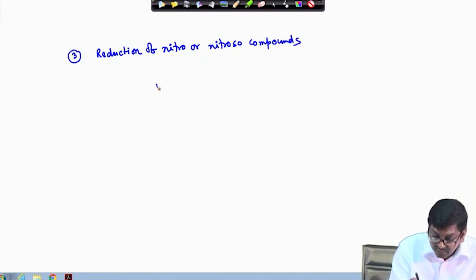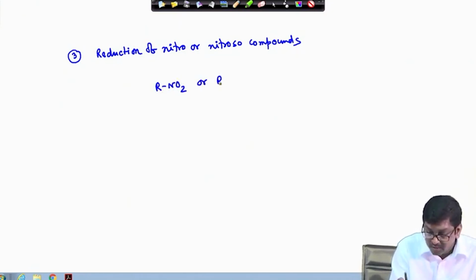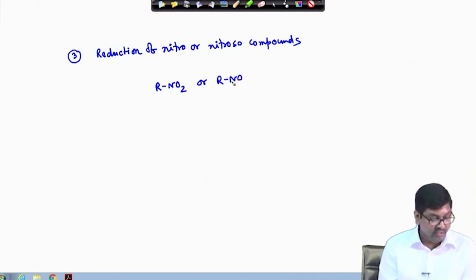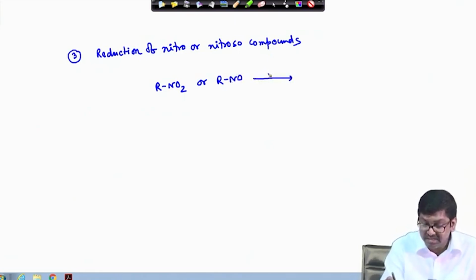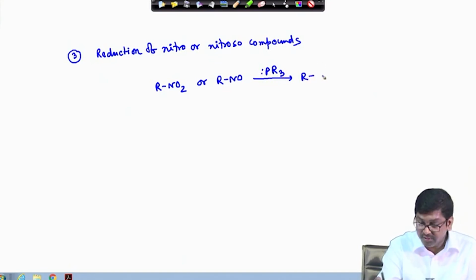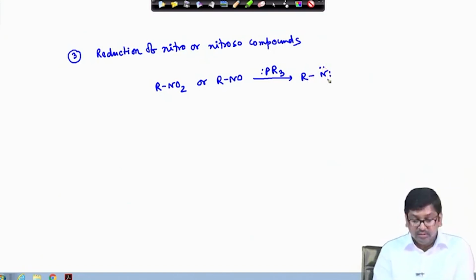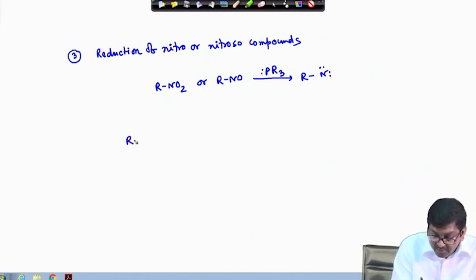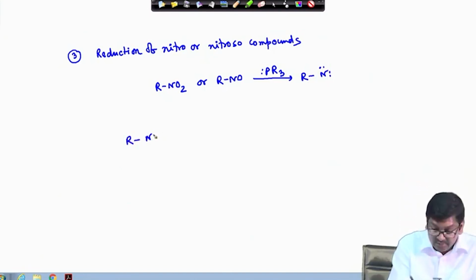For example, if we take this nitro or nitroso compound in presence of some phosphines, this will give the corresponding nitrene. Okay.